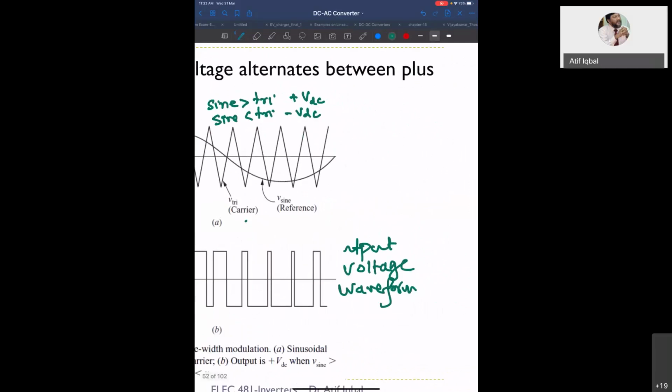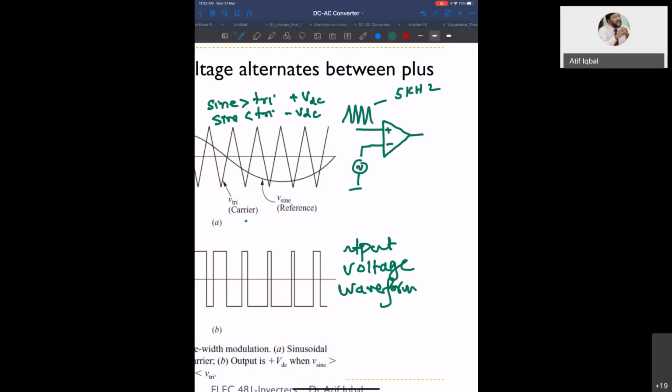You are going to generate this in this way. Let me show you. You have to have a comparator, for example, an op amp. Here you give the triangle wave. This triangle wave should have the same switching frequency that you want to decide for your switch, say, for example, 5 kilohertz.